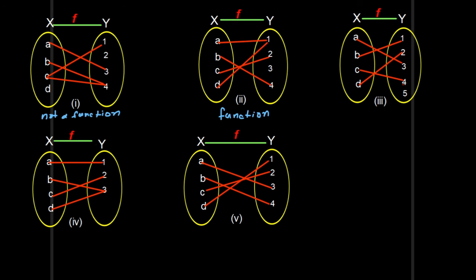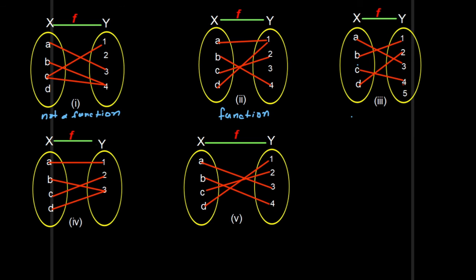Okay, and the third figure, distinct elements of x have distinct images. The image of a is 3, image of b is 1, image of c is 4, image of d is 2. So all distinct elements have distinct images.